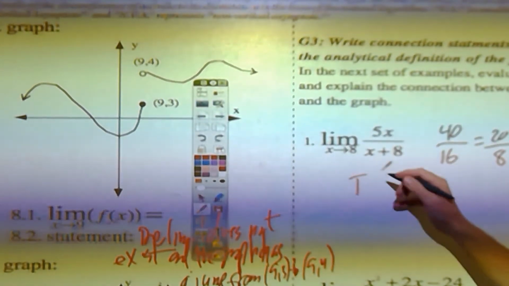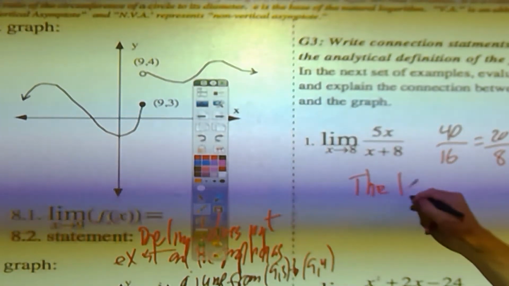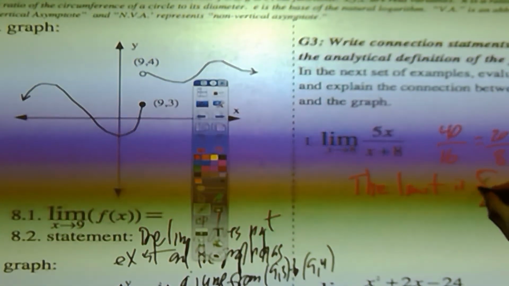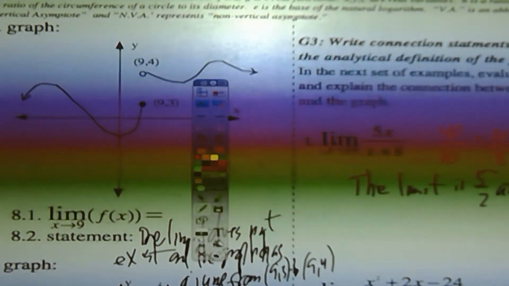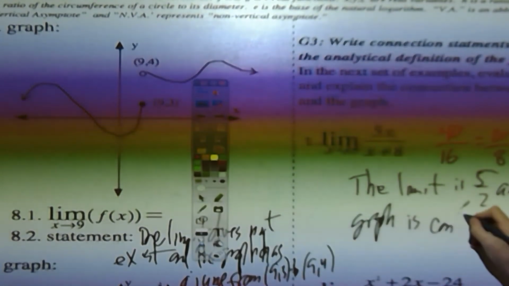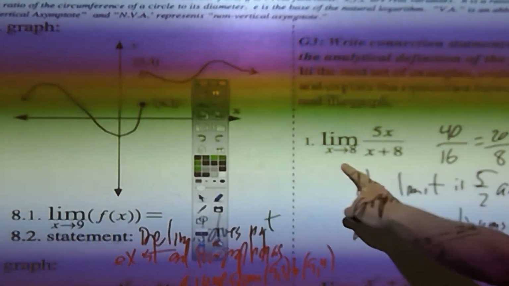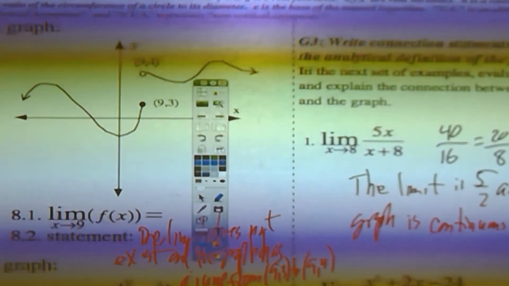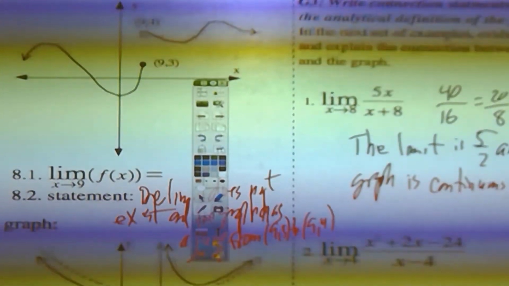Without even sketching the graph, we can say the limit is 5/2. And the graph is continuous at the point, even though we didn't sketch it. The point at which it's continuous is (8, 5/2). 8 is the x coordinate. A limit is a y value or an output value.